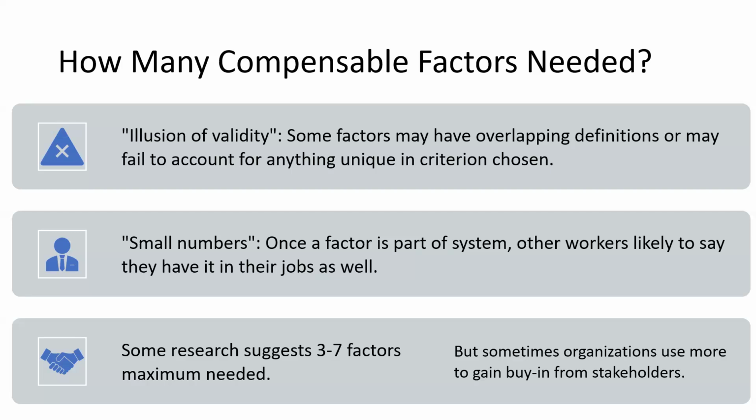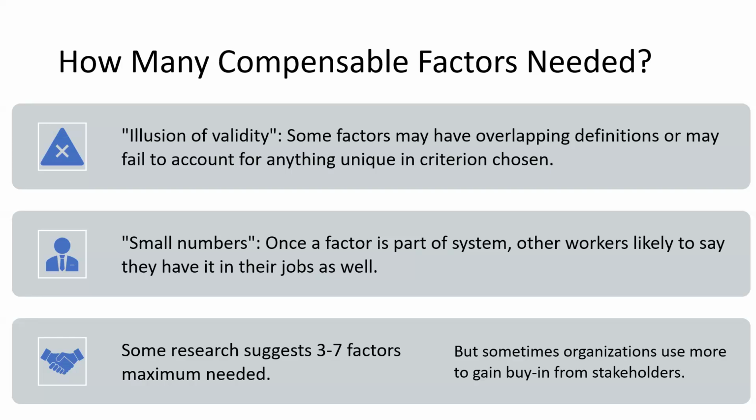One problem we can have with compensable factors is what's called the illusion of validity. As I mentioned, even with the Hay method, some of these factors can have overlapping definitions, which makes it hard to figure out. Essentially what happens is, if you have overlapping definitions, you might be paying twice for part of a job that contributes to strategy, because that part of the job is in 2 different compensable factors.